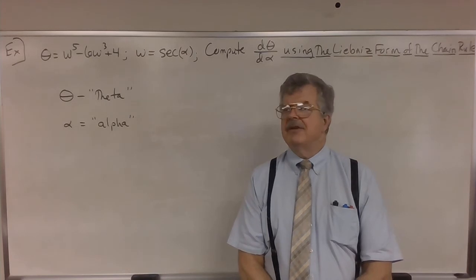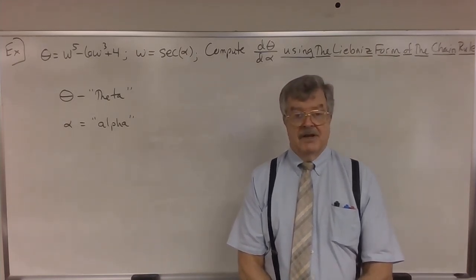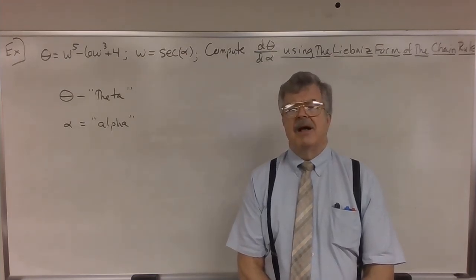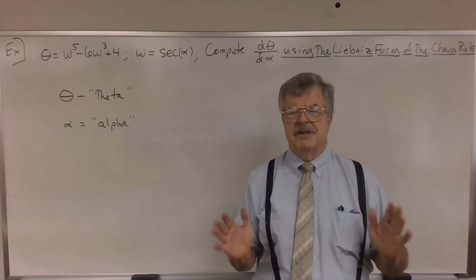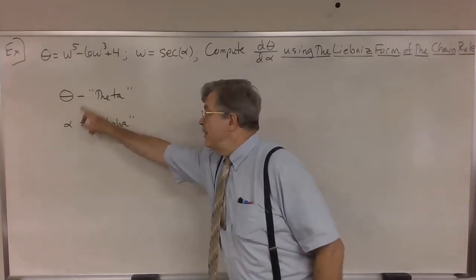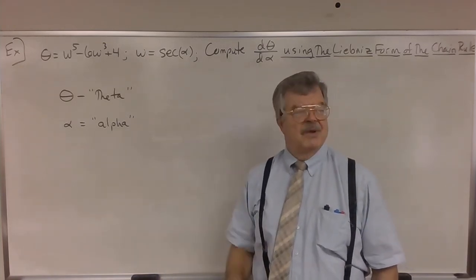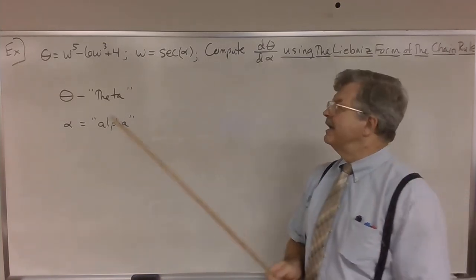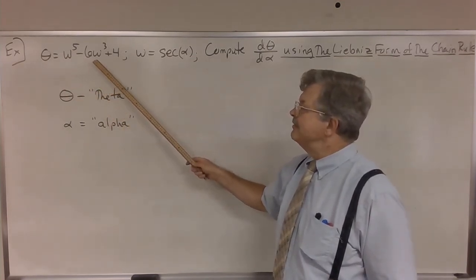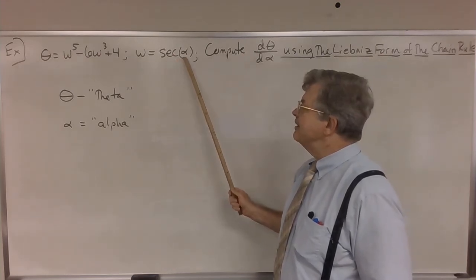And if we have to use other Greek letters in our conversations, I'll write their names down too. There really is a benefit to be derived from knowing the names of these letters, instead of just doing what I used to do, which is say, thing is w fifth minus 6w cubed plus 4, and w is secant of thing.